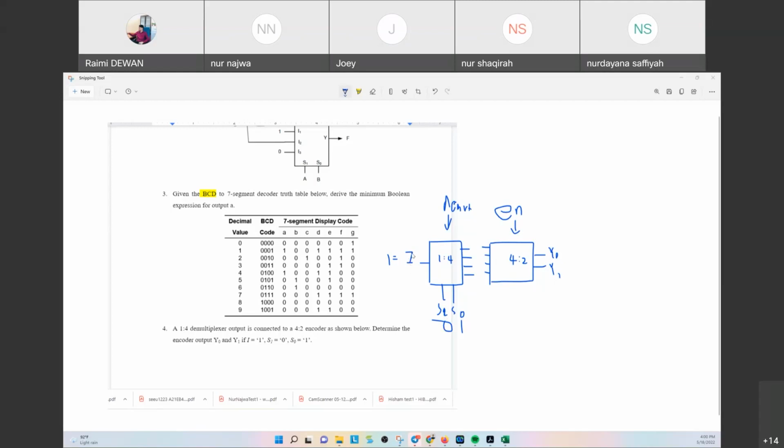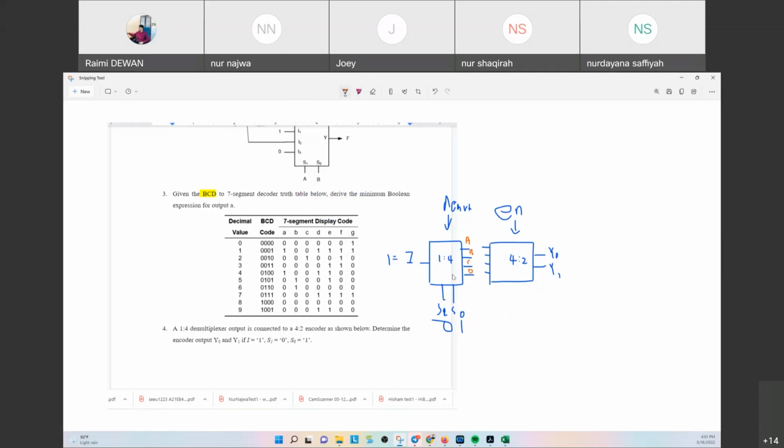So it is the input 1. So it's 0, 1. Let's imagine I label A, B, C, D. Okay.